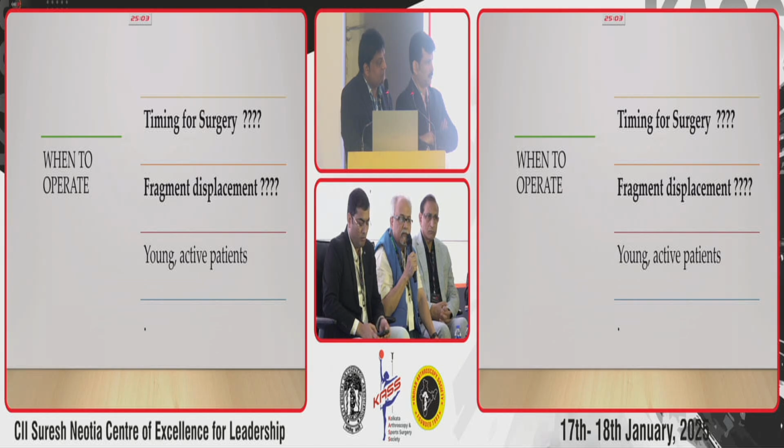If it is a big single chunk for the PCL, once you investigate, you can fix it as early as possible with a classic posterior approach, Lobenhofer. Or else you can do the arthroscopic job. But if you want to do the arthroscopic job, it is better to wait for 7 to 10 days so that you don't get extravasation in the calf. But if you do it open, you can do it at 3 to 4 days, 7 days, no problem.